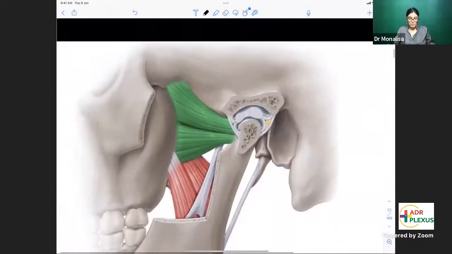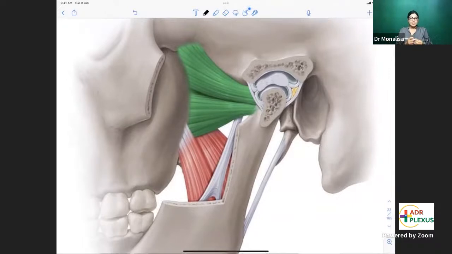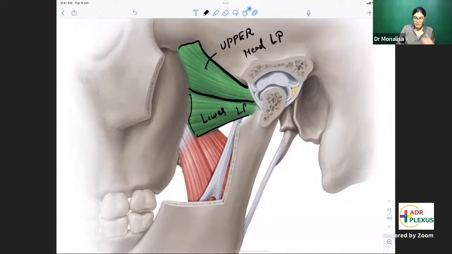Let me show you another image where you can appreciate lateral pterygoid muscle, and you can see that it has two heads of origin. This is the upper head of lateral pterygoid muscle, and this is the lower head, LP in short form.